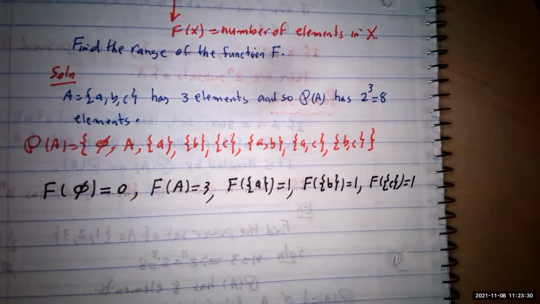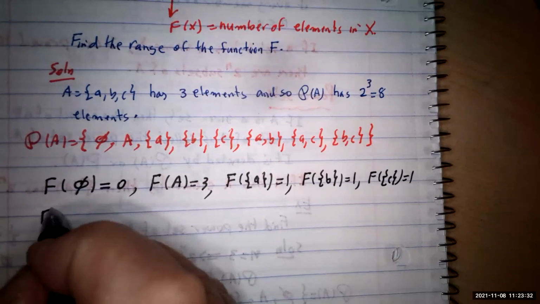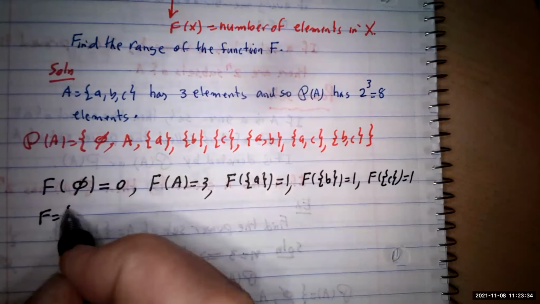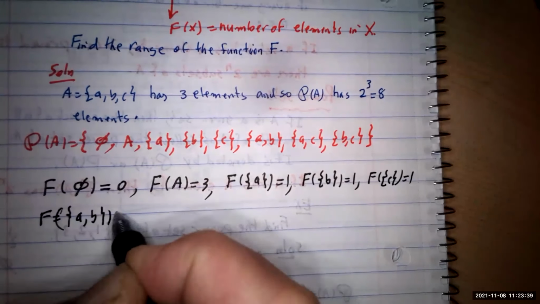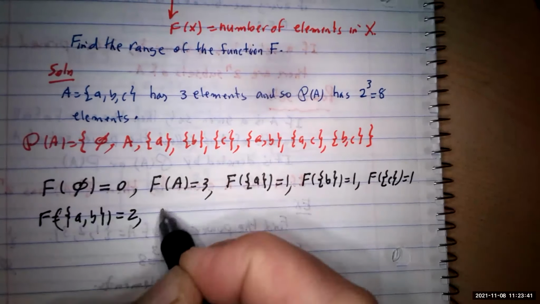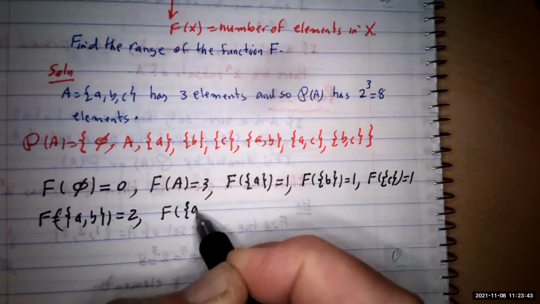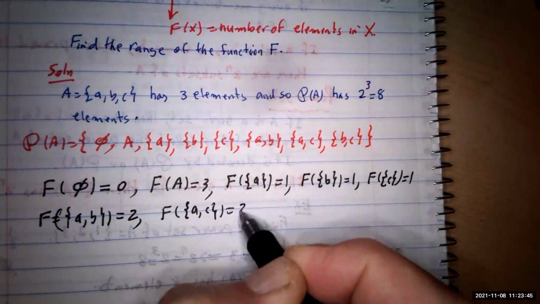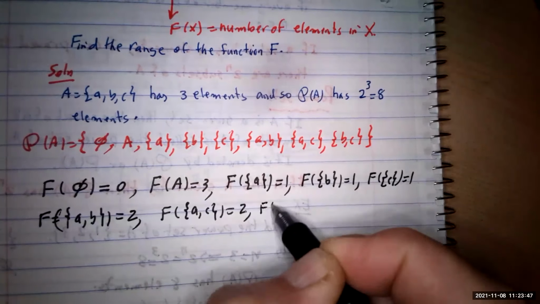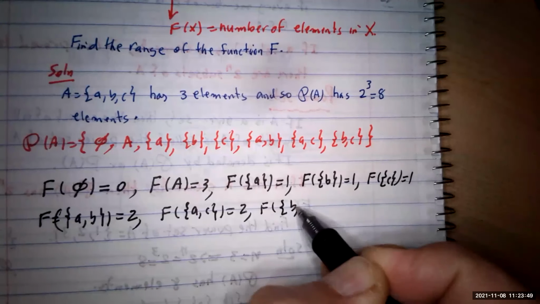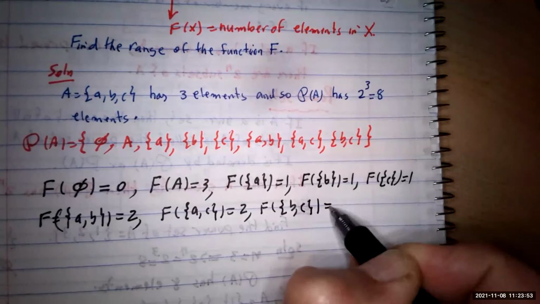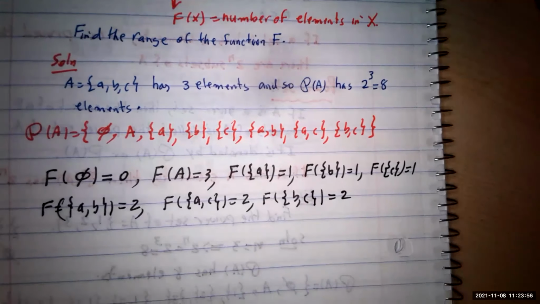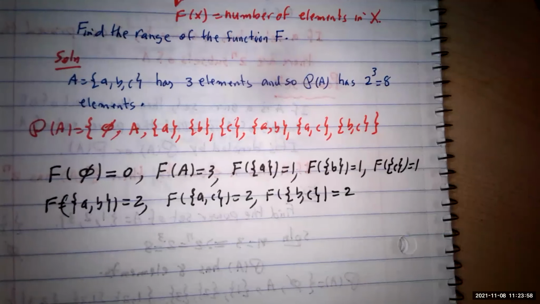These are all 1. Then for the sets containing 2 elements, f of {A, B} is 2, f of {A, C} is 2, and f of {B, C} is also 2. So these are all the possible values in the range of your function.